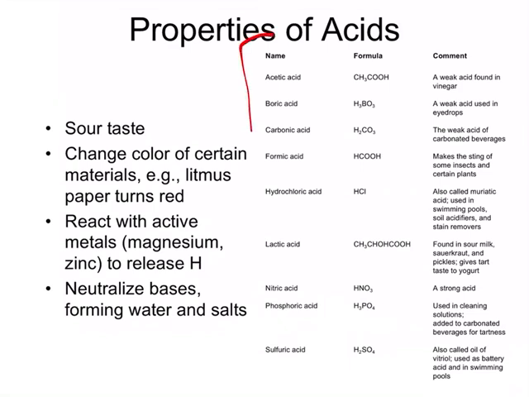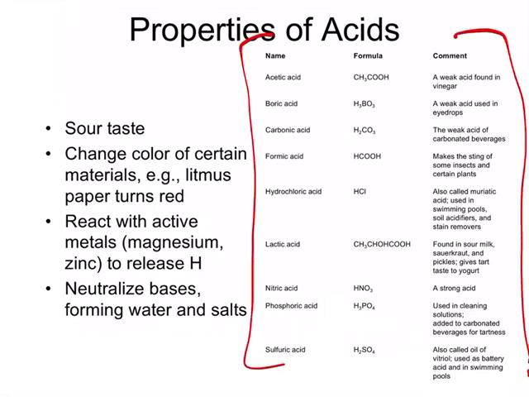And this, some properties of acids, I would never have you memorize anything like this, guys. These are just different types of acids. A few of them you might know, some of them you probably don't. Like acetic acid is vinegar.